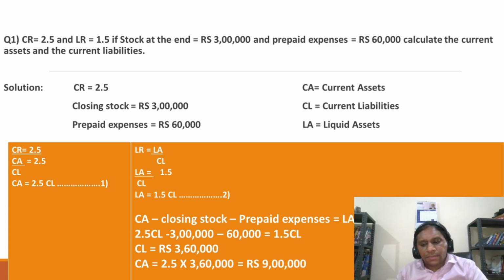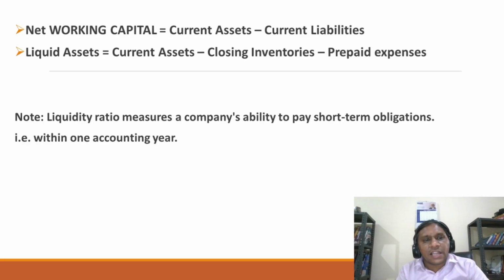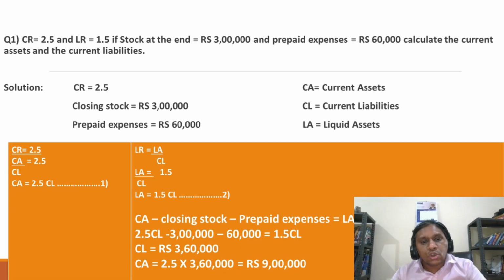Now, you remember, in our previous slide, we mentioned liquid assets is equal to current assets minus closing inventory minus prepaid expenses. So, I have applied this formula here. CA minus closing stock minus prepaid expenses is equal to LA.